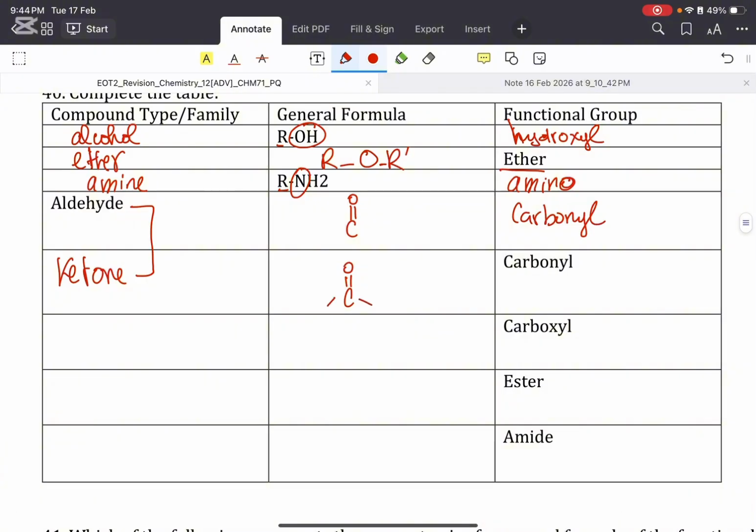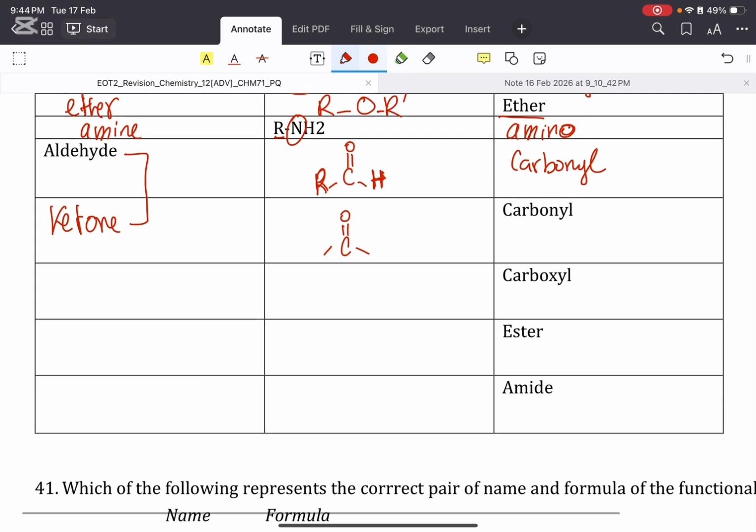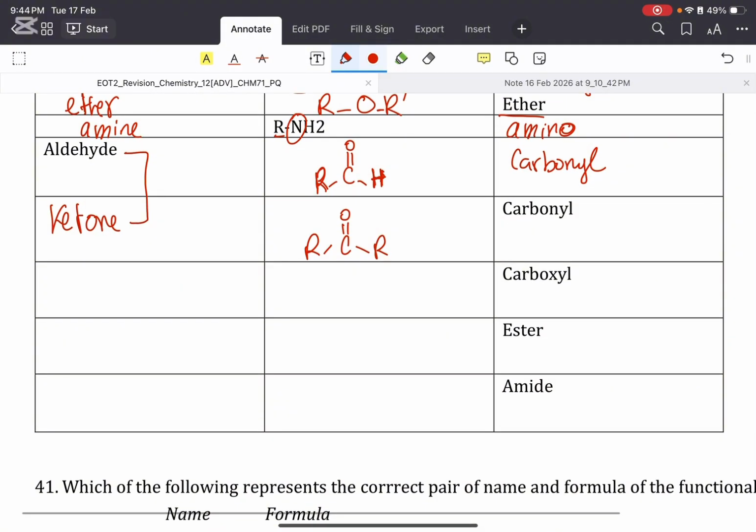Now the difference between aldehyde and ketone is that in the aldehyde, it is the carbon number 1 of the chain. So it's the first in the chain, so it's always followed by a hydrogen, and the rest is a carbon chain. Whereas ketone, the C double bond O comes in the middle of the chain. So there is a carbon from the left, maybe 1 or 2 or 3 carbons, and carbon from the right.